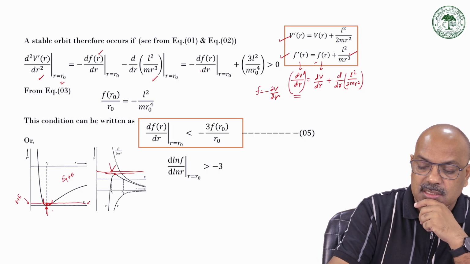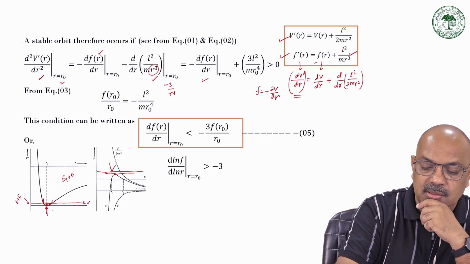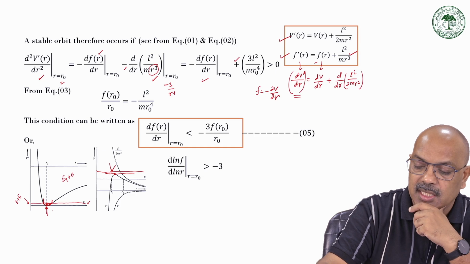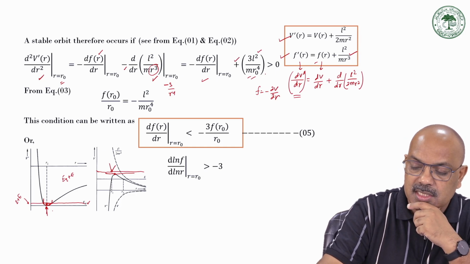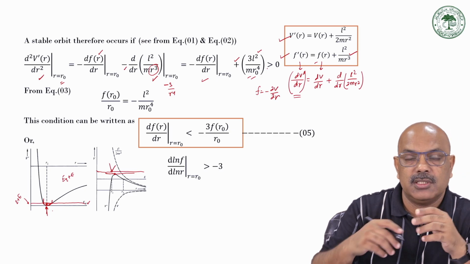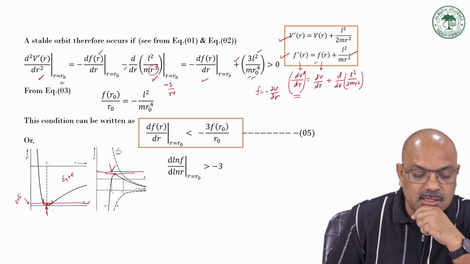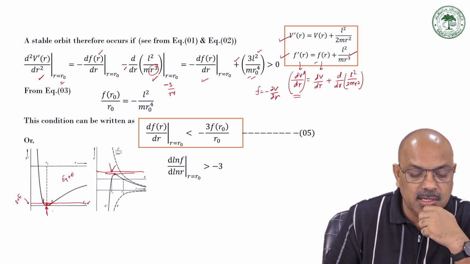Then the r cube differentiates to minus 3 by r to the 4. The minus becomes plus, and this is 3 L square upon m r naught to the 4, which has to be greater than 0, because we want this to be positive.